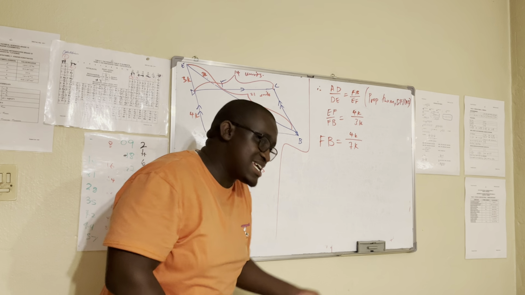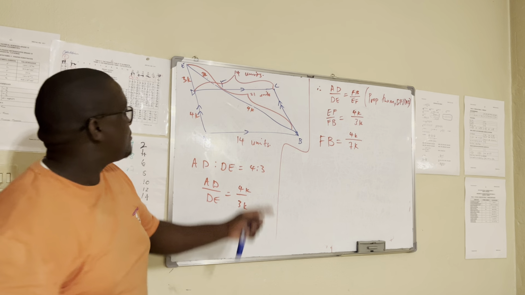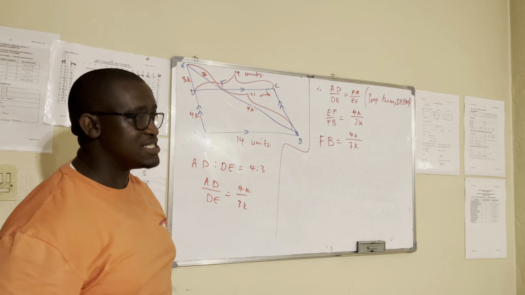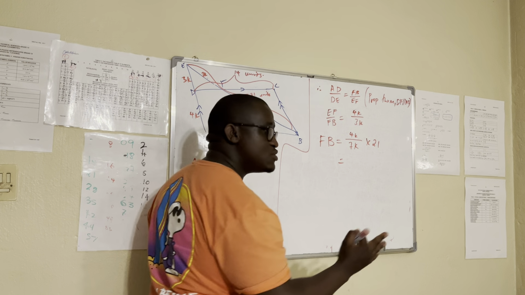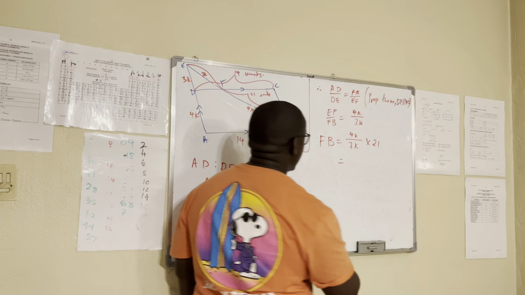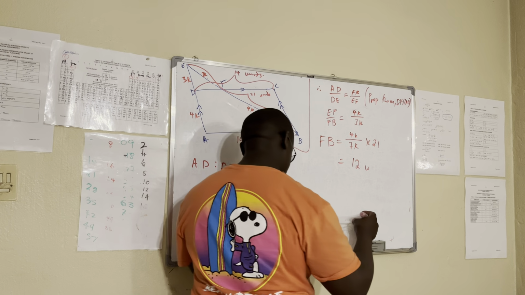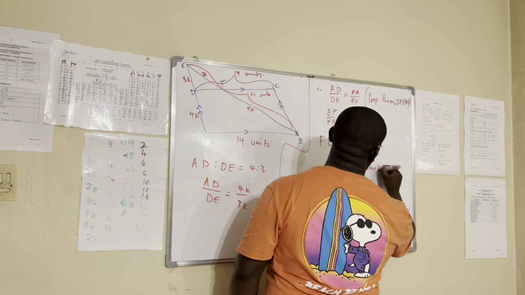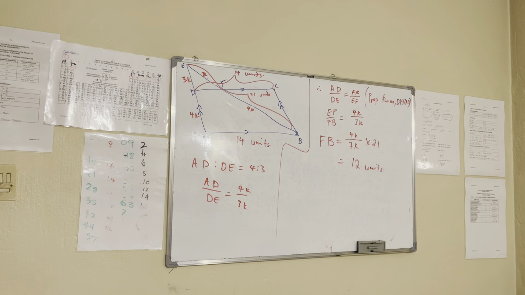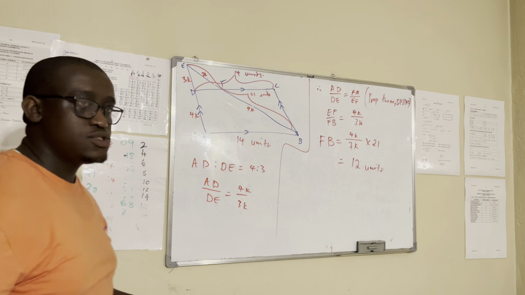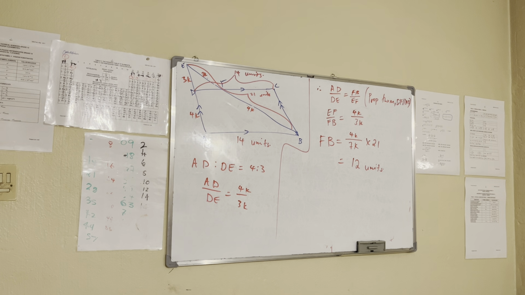But that's not the actual size of EB, it's just the ratio of the sides. The side EB is 21 units. So we can multiply by 21: 7, 14, 21, and 3 times 4 gives 12. That gives you 12.